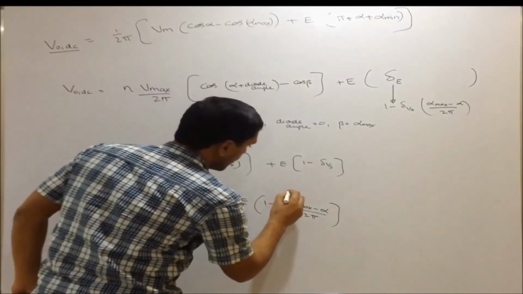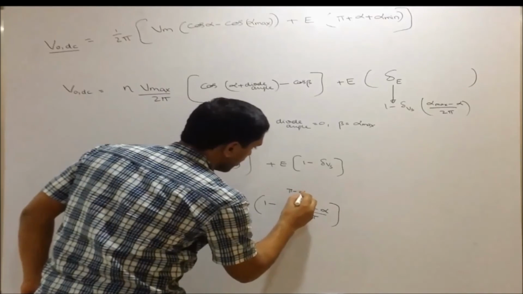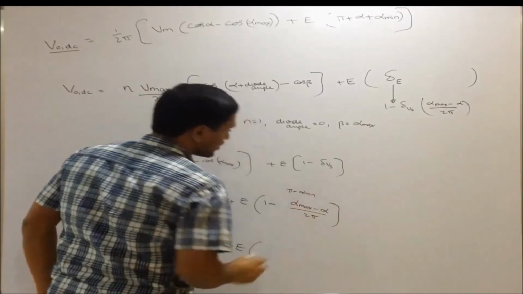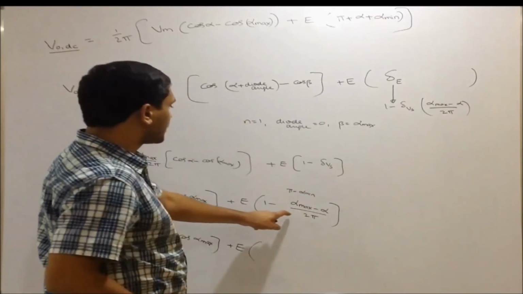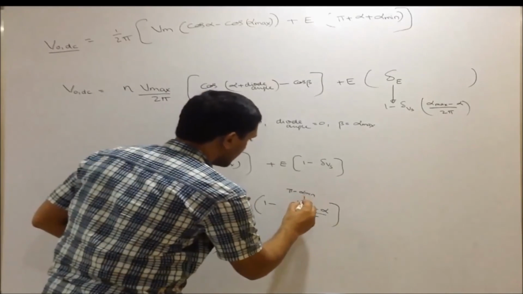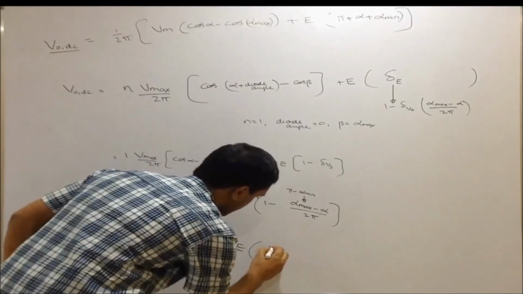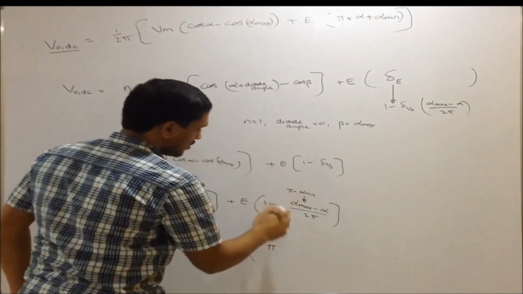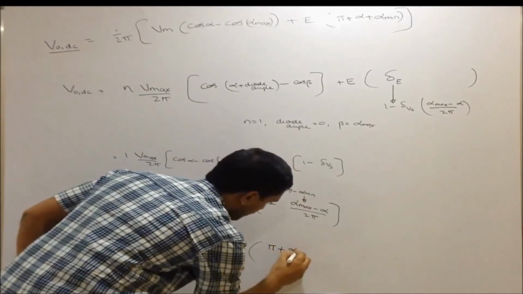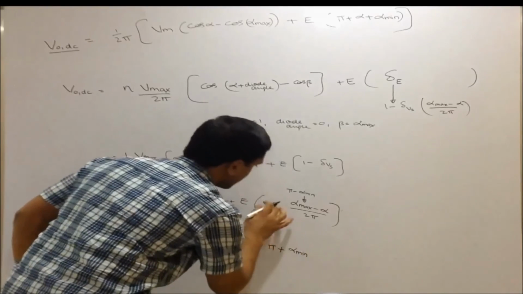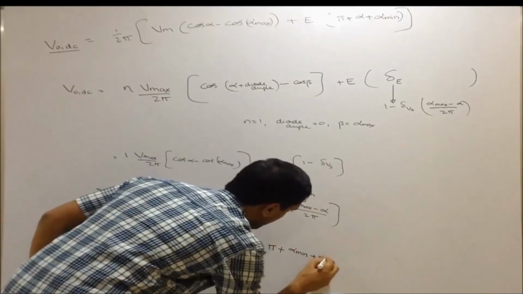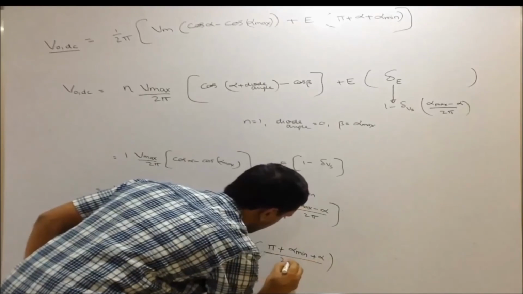Alpha max is pi minus alpha min. So after simplifying this, 2 pi minus pi, it is pi minus of minus, that is plus alpha min, again minus of minus plus alpha, divided by 2 pi.